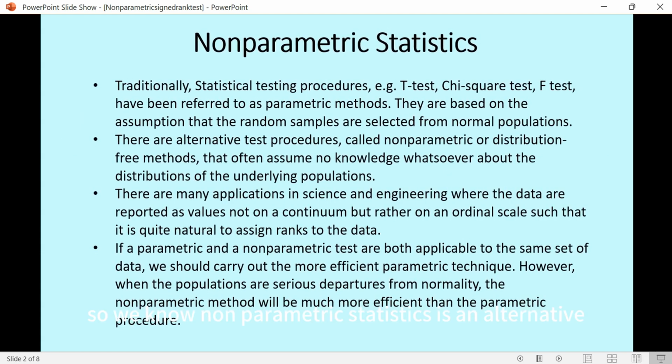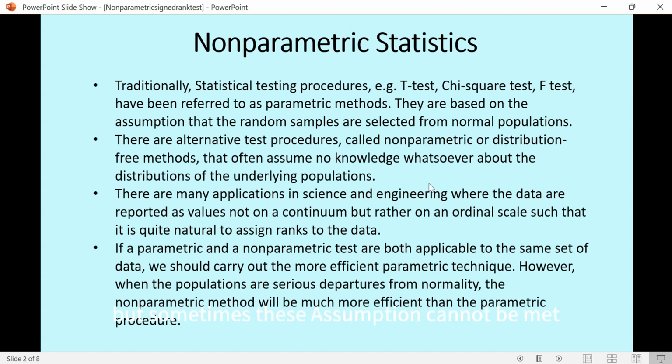We know non-parametric statistics is an alternative to traditional statistical tests. In statistical testing processes like the t-test, chi-square test, or F-test, we assume that random data come from normal populations.